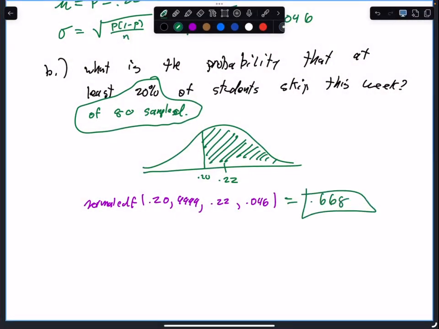There's about a 67% chance that if I randomly select 80 students and ask them if they skipped a class this week, at least 20% of them will say yes, I skipped a class this week. The difference between a probability and a proportion can be very tricky.